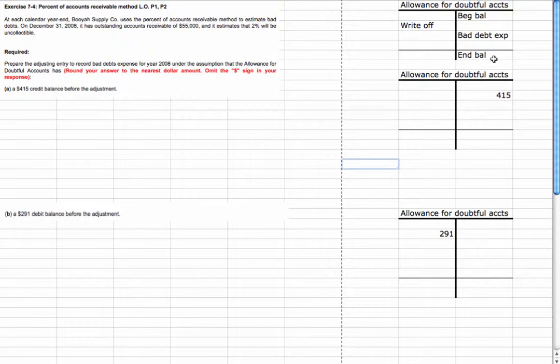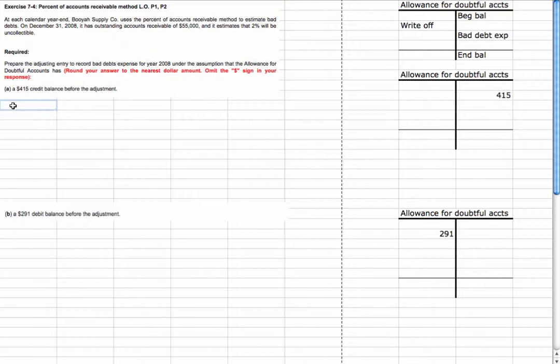So let's take a look at Booyah Supply Company. Over here it says that the company uses the percent of accounts receivable method to estimate its bad debts. On December 31st, 2008, it has an outstanding accounts receivable balance of $55,000, and it estimates that 2% will be uncollectible.